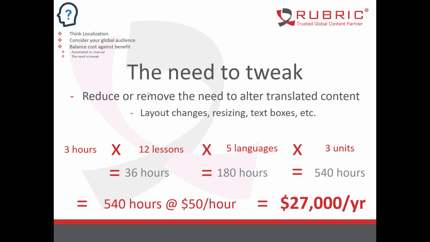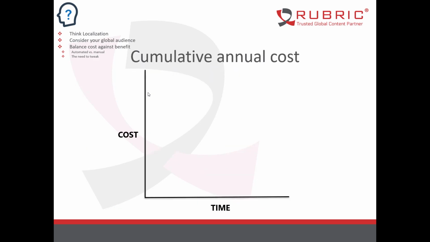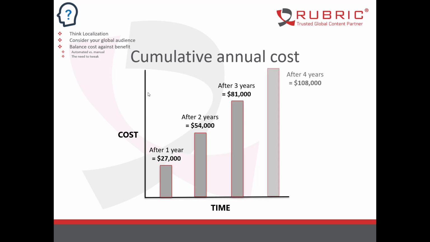And just to make clear, this is an annual cost that we're showing here, meaning it's an ongoing cost. The tooling change meant that this cost was removed for all projects in the future. As the years went by, the amount of saving increased.